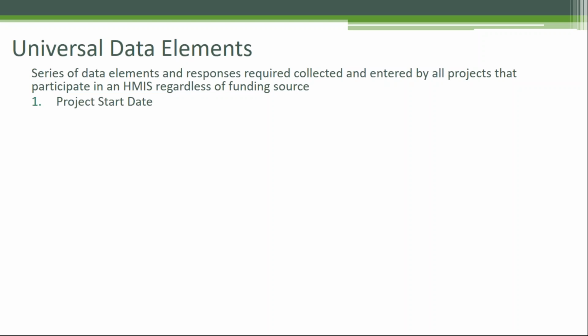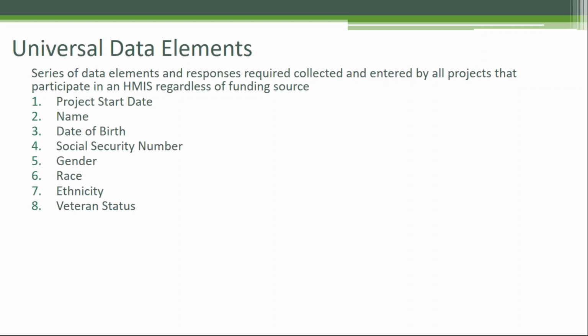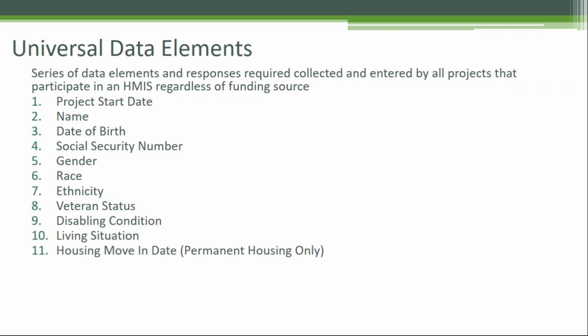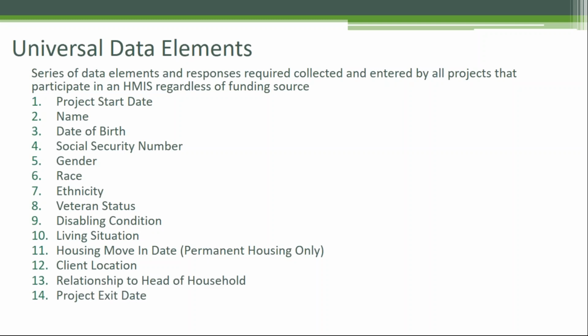And they are project start date, name, date of birth, social security number, gender, race, ethnicity, veteran status, disabling condition, living situation. For permanent housing projects, they must collect a housing move-in date, client location, relationship to head of household, project exit date, and destination.